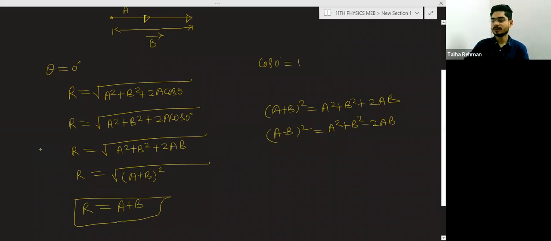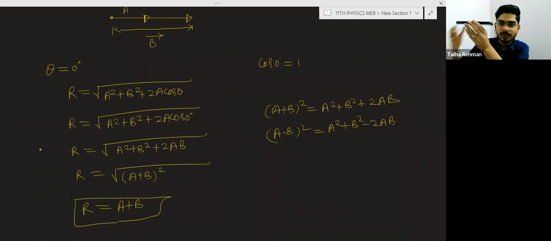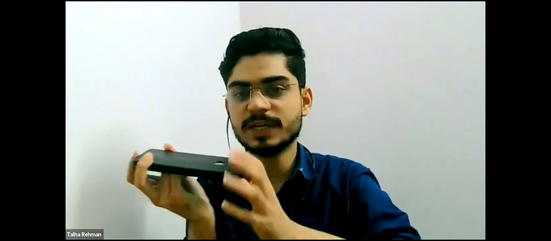Suppose this is some object and someone is applying a force on it in this direction, and another person is applying a force on this object in the opposite direction. What will happen? The resultant will be less in that case, because the resultant of the force that affects the motion of the object will decrease.